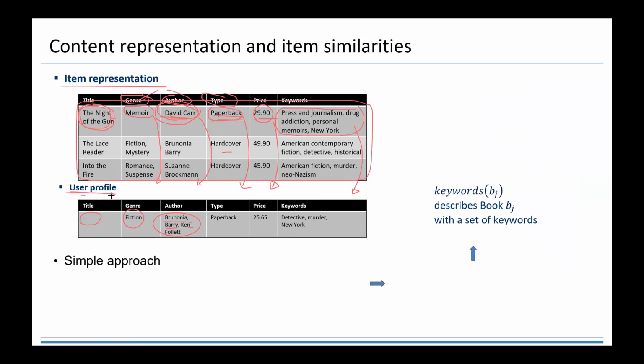This user likes books of type paperback, and in this user profile the average price is 25.65. And this user likes books related to detective, murder, and the person has more books related to New York. So if we have this kind of user profile, then we can look at what would be the best recommended books in the future.